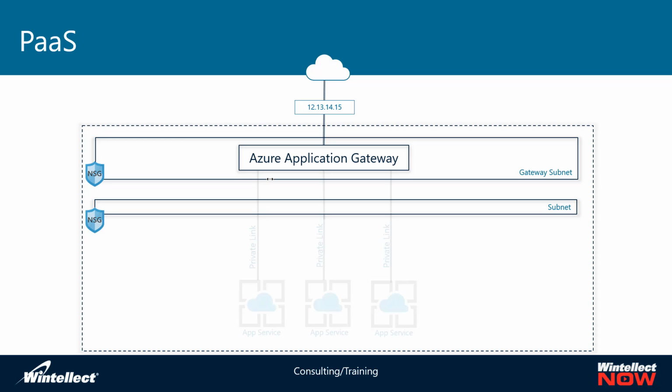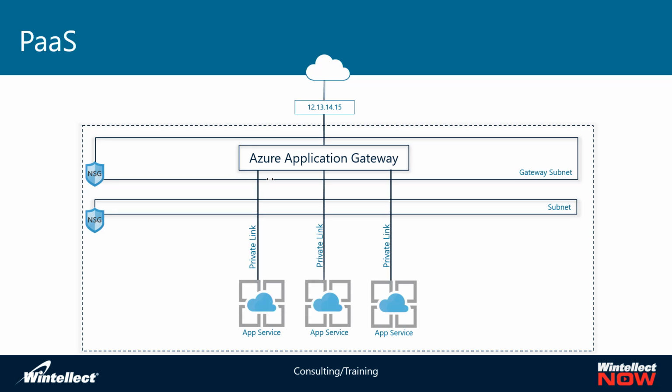And these also work for platform as a service. With app services, you can define something called a private link, and it exposes a private IP address on a subnet on Azure, and it allows you to have an application gateway in front of it, or even a load balancer for that matter, between several app services. And that would work for a load balancer if you wanted to put multiple instances of a SQL database, for instance.